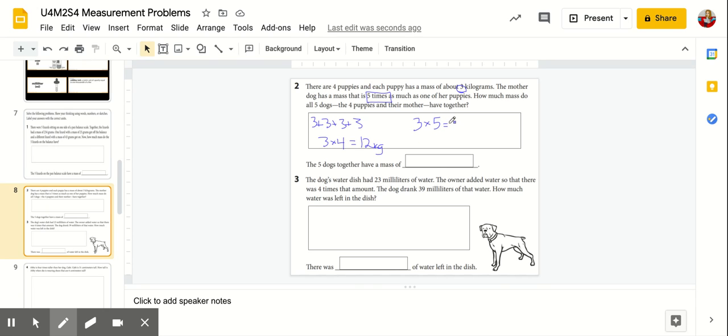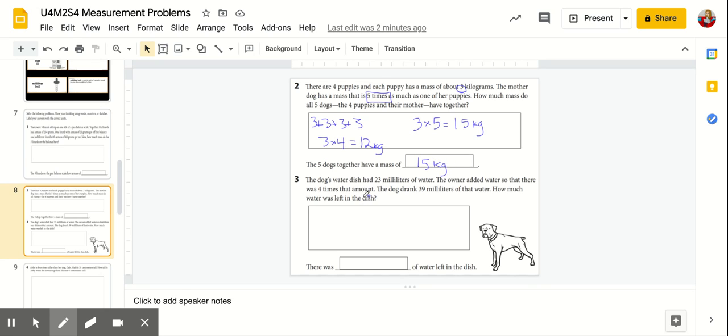And if you did not know 3 times 5, you could add one more group of 3 to this group of puppies, which equals 15 kilograms. It's all a matter of really thinking about it.